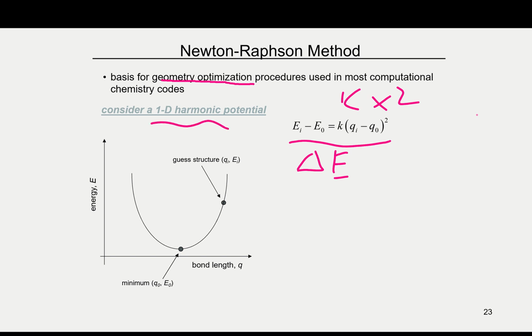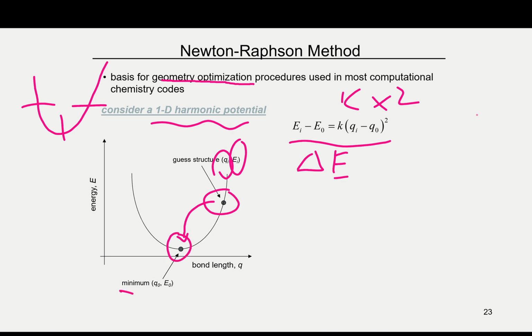This is a 1D harmonic potential. Harmonic is where both sides are equal, like this one and this one. You can see we took a guess structure and its energy is this one. Its coordinate is Qi and energy is Ei. It becomes optimized in the very first step, so it jumps directly towards the minimum.